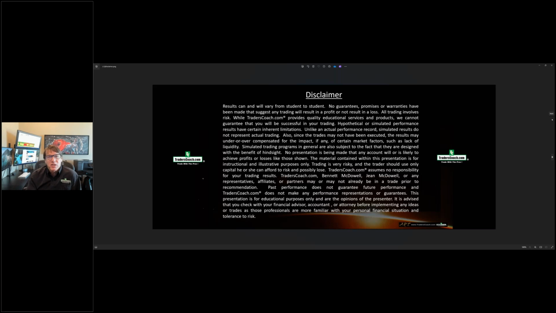There's no guarantee that a trade is going to be profitable, so you really need to have risk control in place. Always trade with money you can afford to risk, called risk capital. That's important. And if we talk about any trades today, please run those by your financial advisor, because we want to make sure they're suitable for you. They know your personal situation, we don't, so get their okay first.